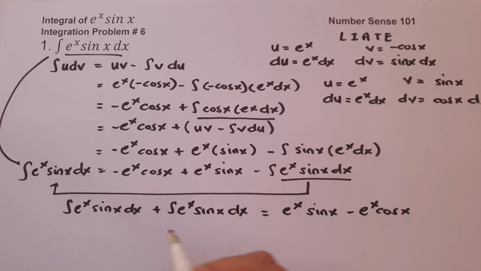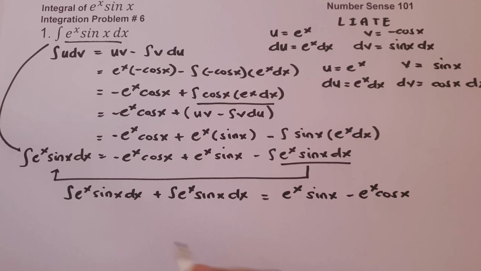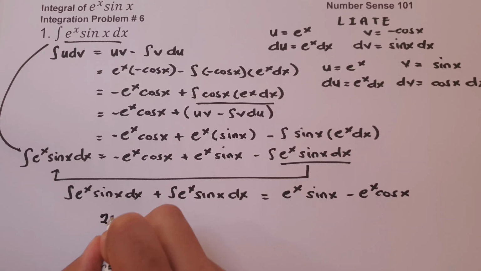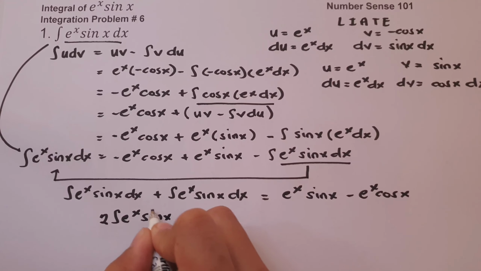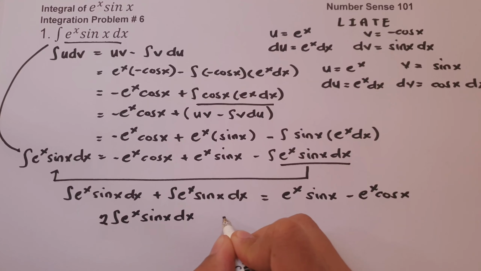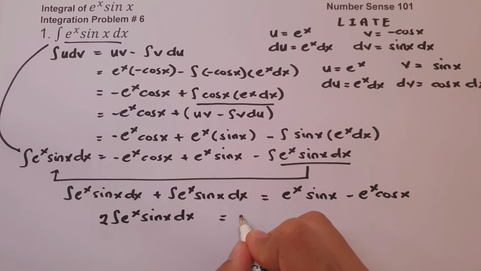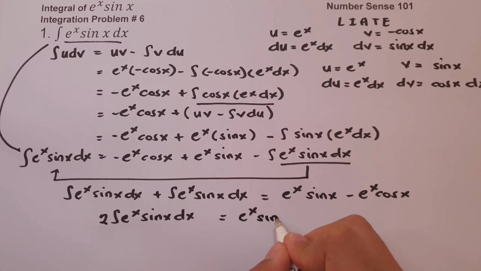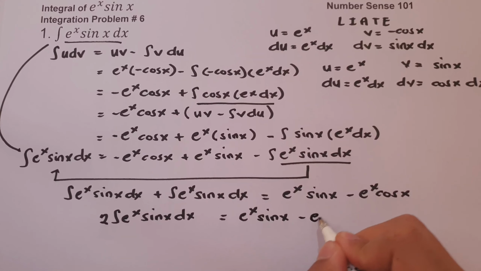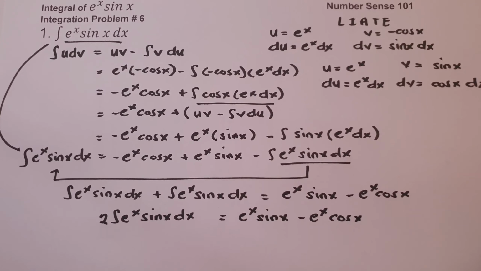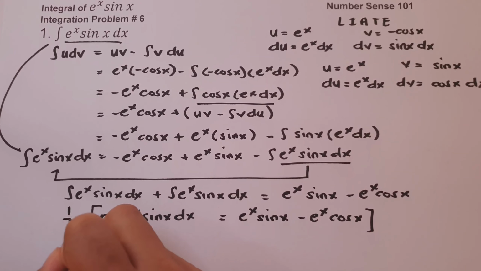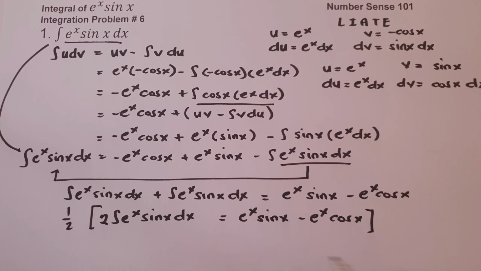And let us combine this one. This will be 2 times the antiderivative of e raised to x sine x dx equals e raised to x sine x minus e raised to x cosine x. So I'm going to multiply the whole equation by 1/2 to eliminate the constant 2 in front.